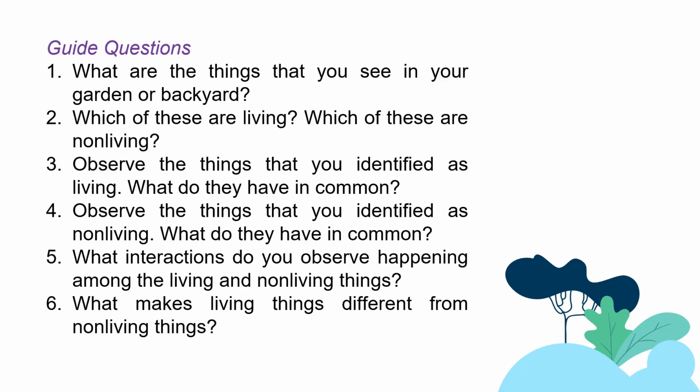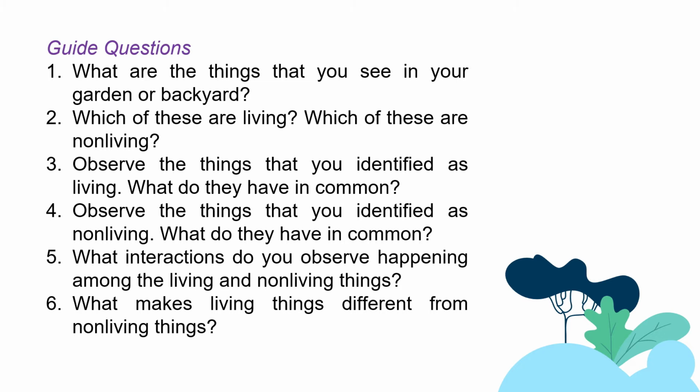And we have here the guide questions. 1. What are the things that you see in your garden or backyard? 2. Which of these are living? Which of these are non-living? 3. Observe the things that you identified as living.